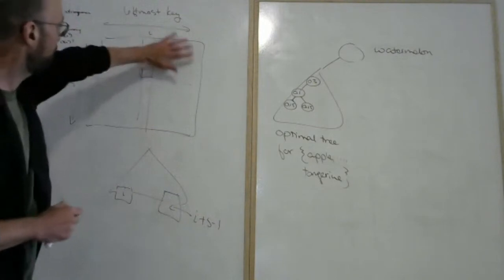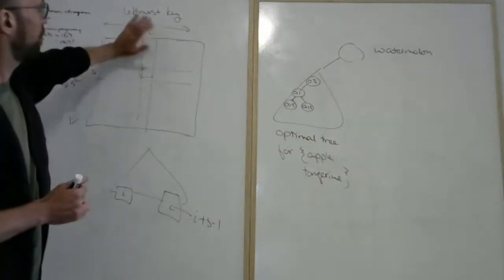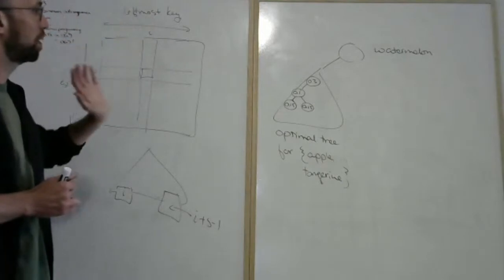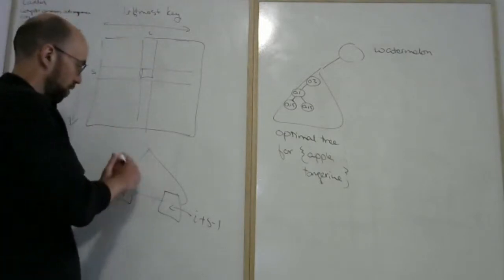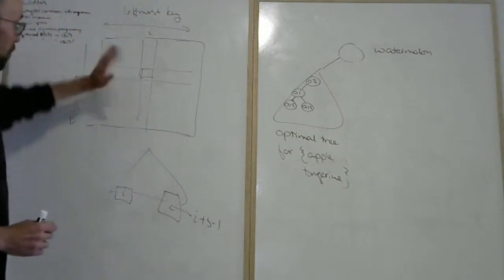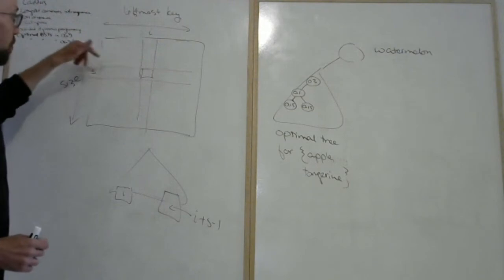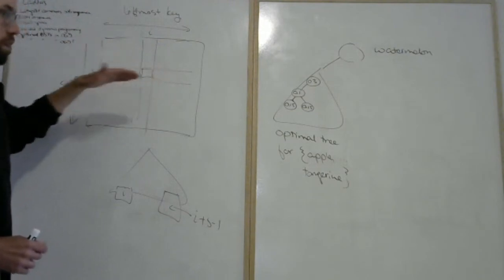And you've already filled in that part of the matrix because the size is small. When you look at a root, it splits into smaller subtrees. So you've already got it filled in because you fill this in order by row, by size.